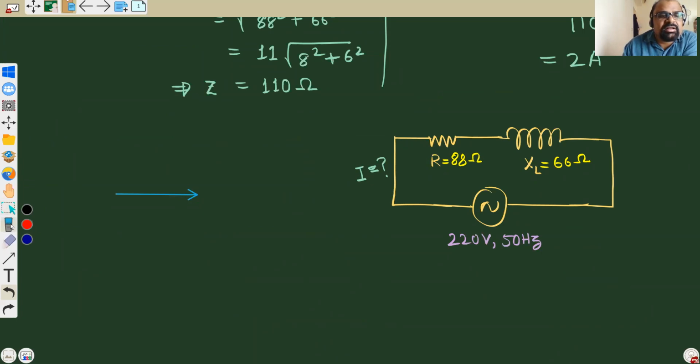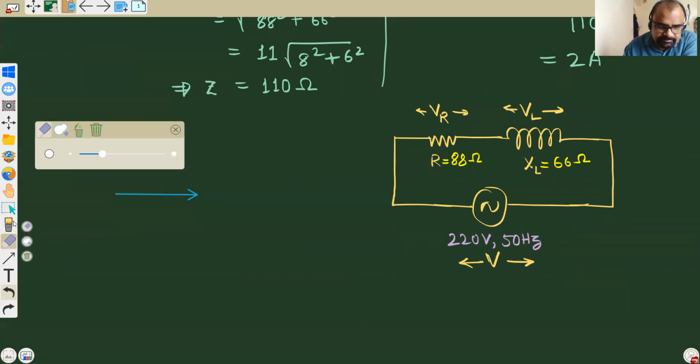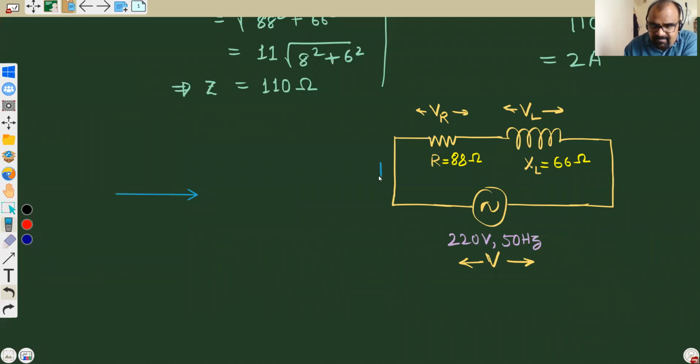Now here, this voltage across the resistor we will call VR. This voltage across the inductor we will call VL, and this source voltage we will call V, which is already given to be 220 volt, and this current is I. When we draw the phasor diagram, the first phasor we should draw is the current phasor.